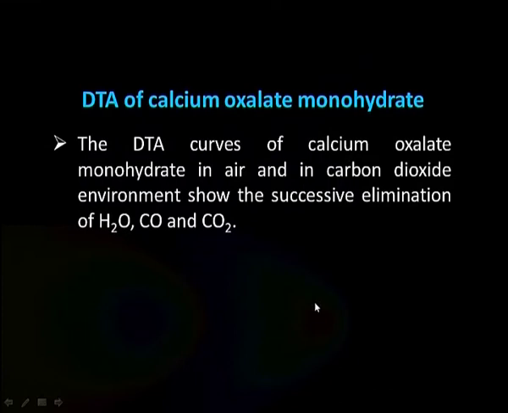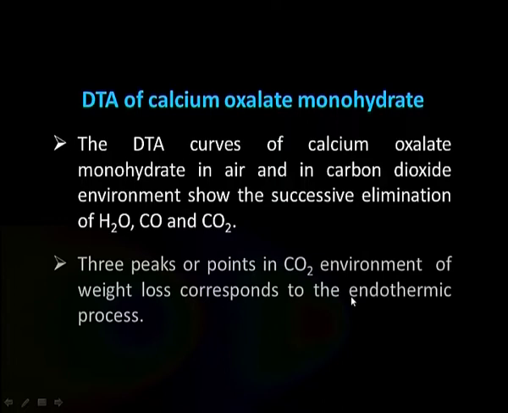The DTA curves of calcium oxalate monohydrate in air and in carbon dioxide environment show the successive elimination of water, carbon monoxide and carbon dioxide. Three peaks or points in carbon dioxide environment of weight loss correspond to endothermic process.